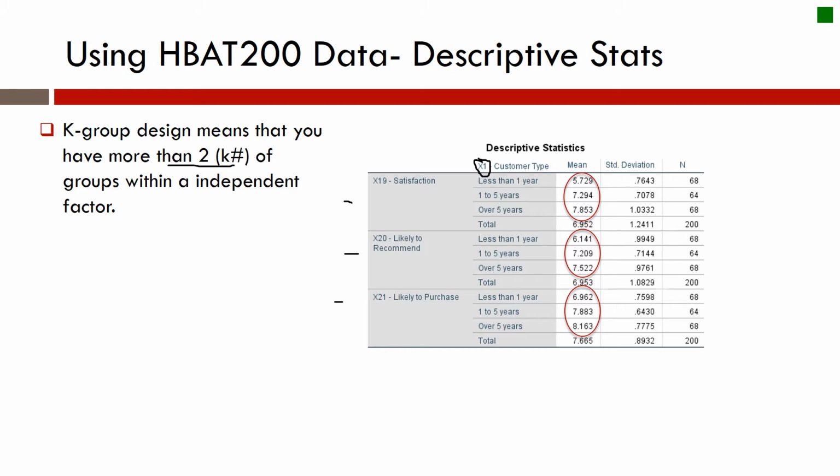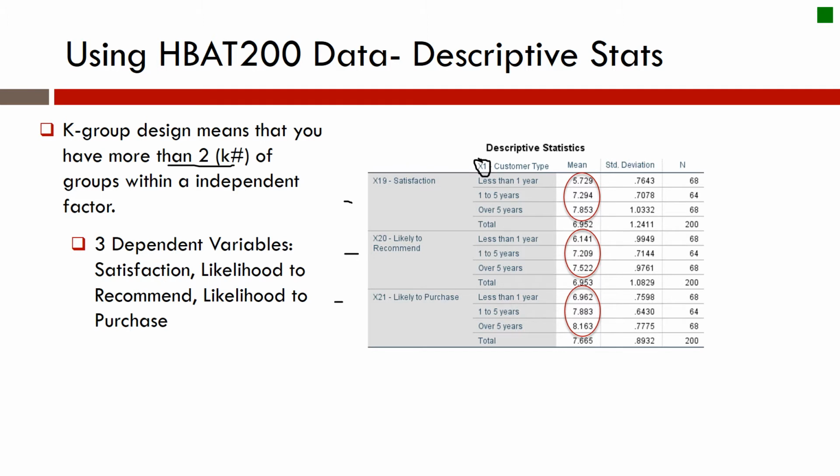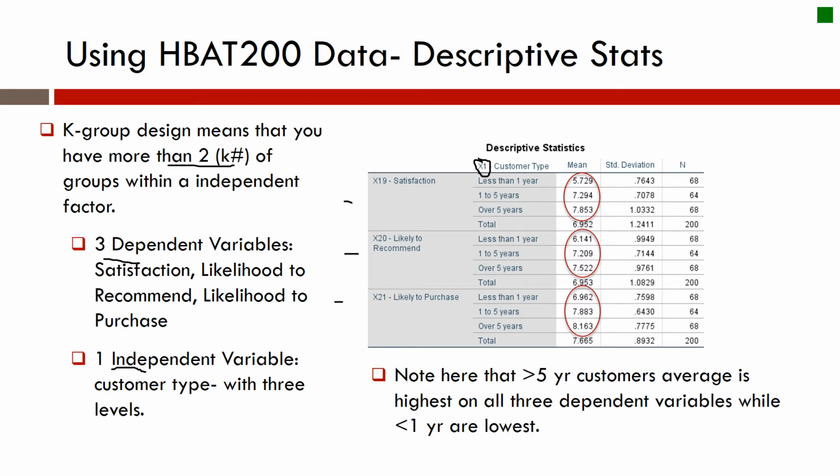That would be what the K means, 3 in this particular case. So this is a 3 factor or 3 group type of challenge. Again, 3 dependent variables are present, and we have 1 independent variable, and that independent variable has 3 different levels associated with it.